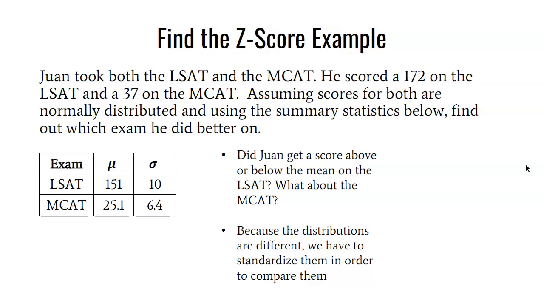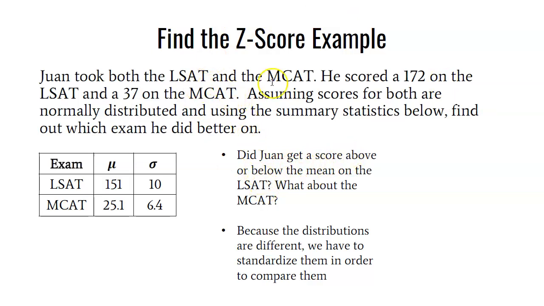That's why we need to standardize, right? We need to put these on the same exact scale so we can say which one he did better on. And the way that we do that is by finding out how many standard deviations away from the mean he is for both of these. So we're going to standardize it. We can see right away that he got a score above the mean on the LSAT.